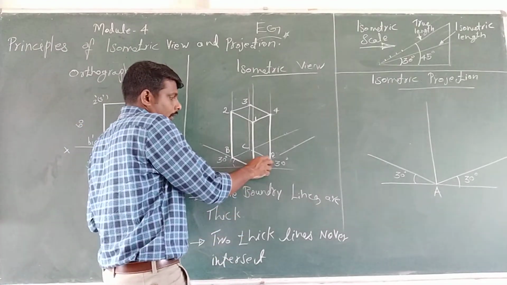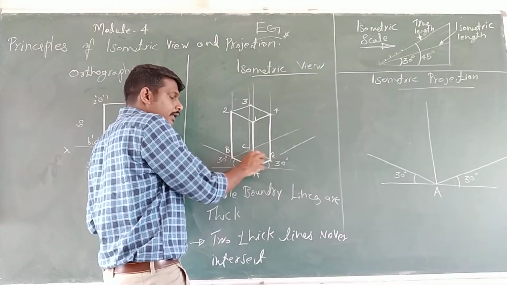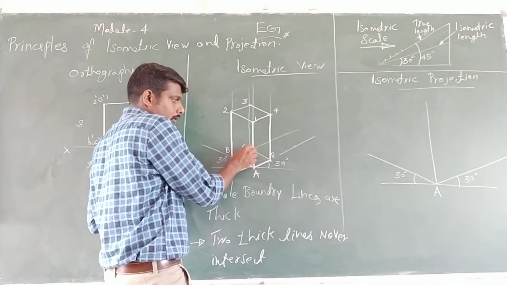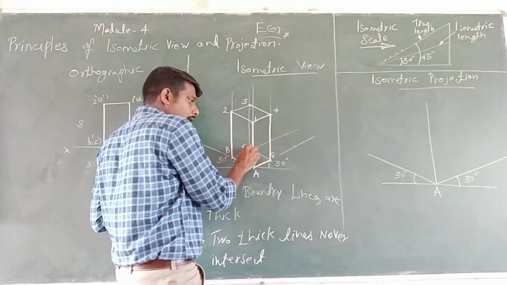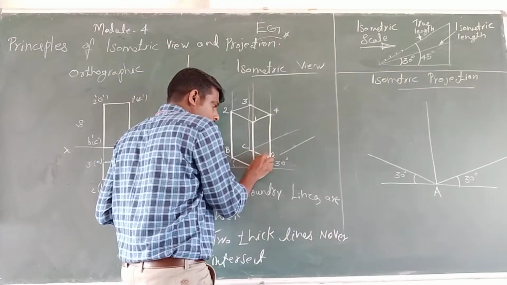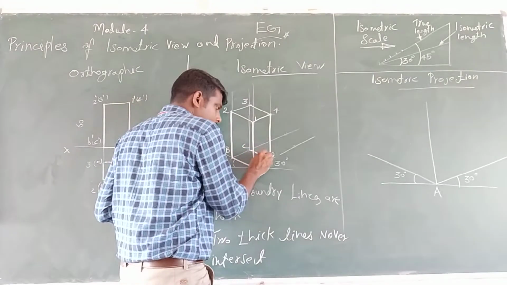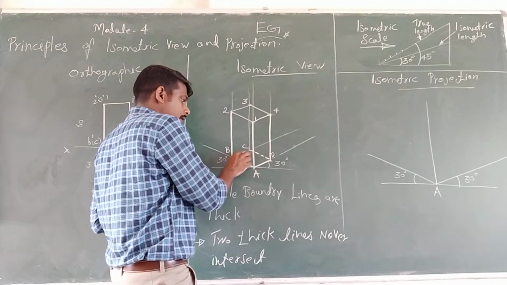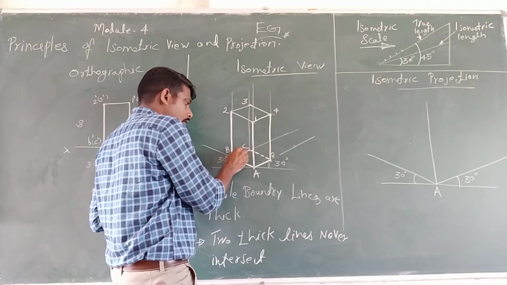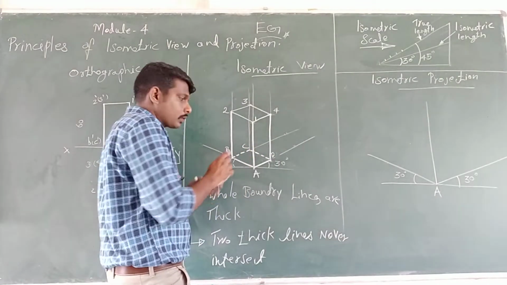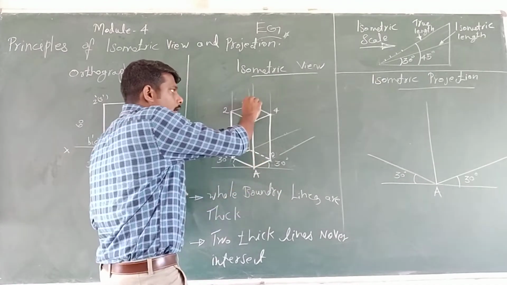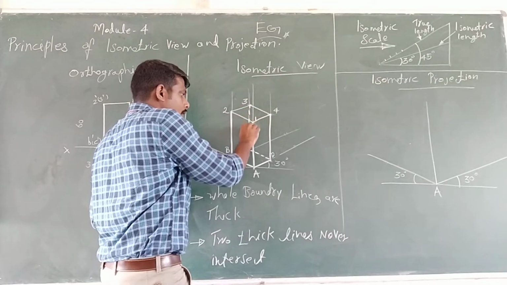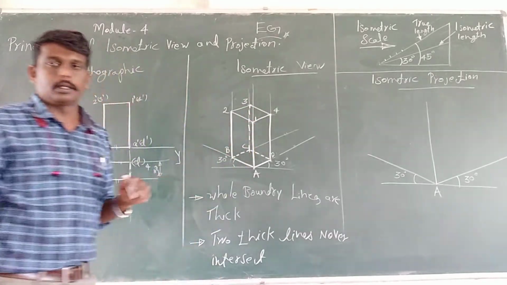When we try to draw the line C to D, it will intersect at A to 1. So definitely one line is a dotted line. This line is dotted, and C to B is also dotted because it is hidden. It is behind the object. So 3 to C is also dotted.